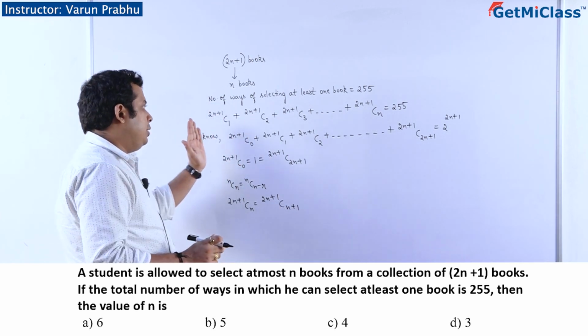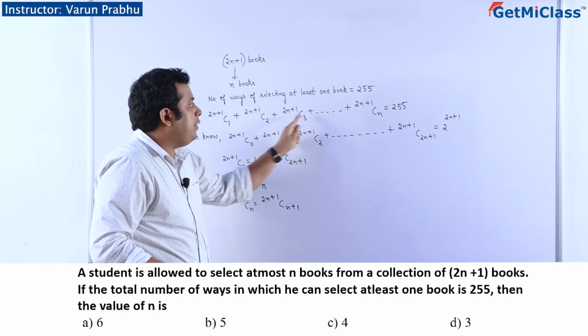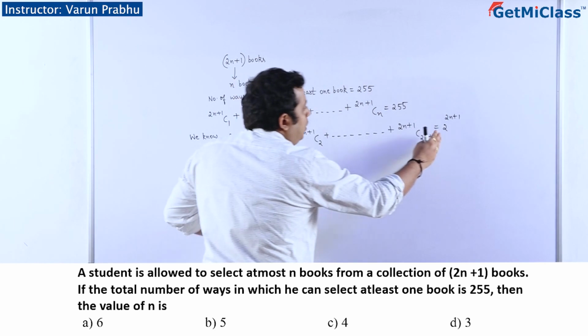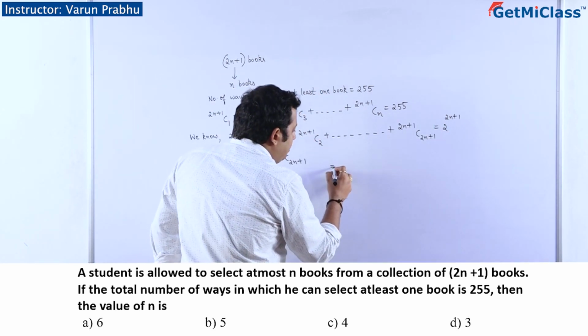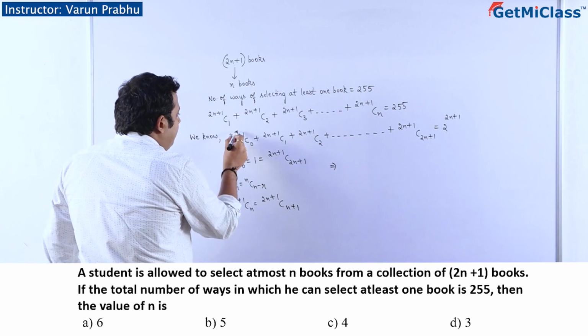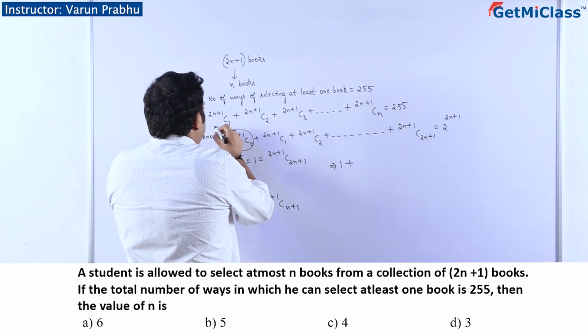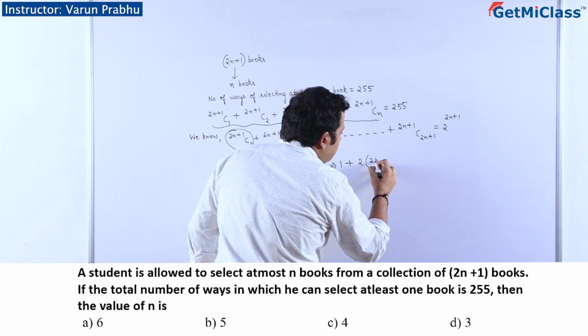Which means what you're trying to see here is that this part whatever I've written is half of this quantity. So this implies that starting with 2n plus 1 C0, that answer is 1, plus this part whatever I've written, is 2 times 255.